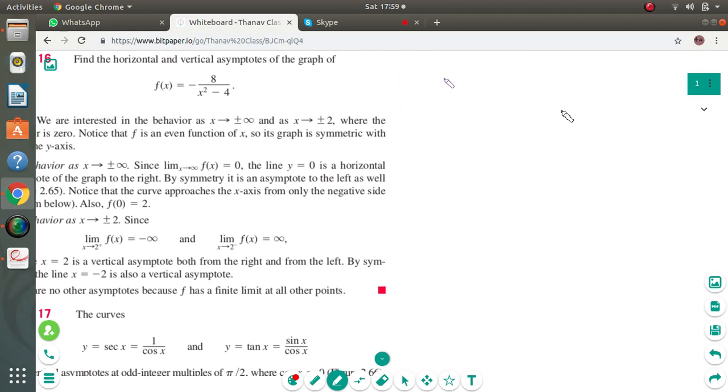So you say x tends to infinity, right? So then minus 8 by x square minus 4.